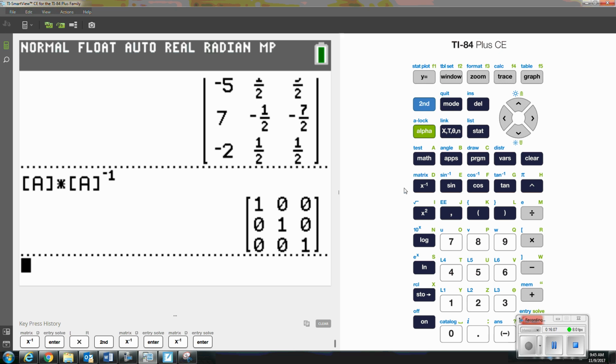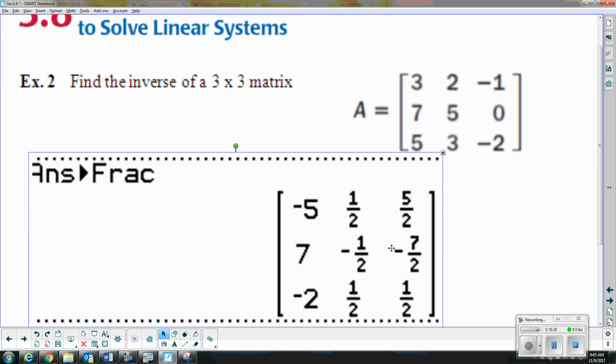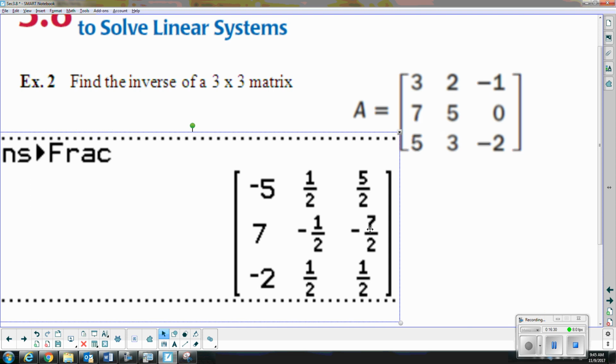If you don't get the identity matrix, then this is not the inverse. Okay, so let's see if I can make this a little bit bigger. Okay, so here we go. This is our inverse of matrix A.